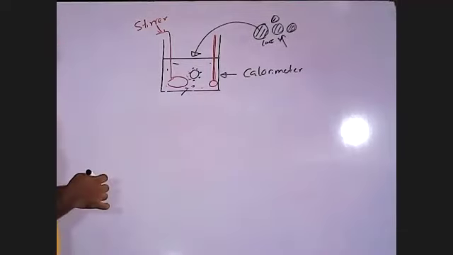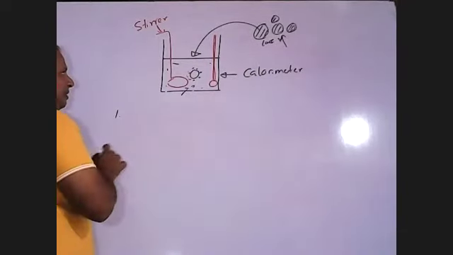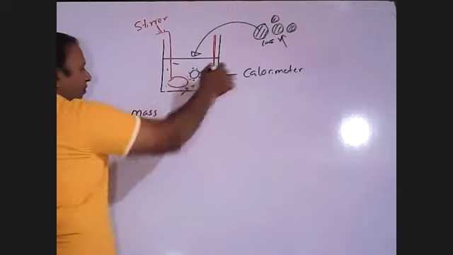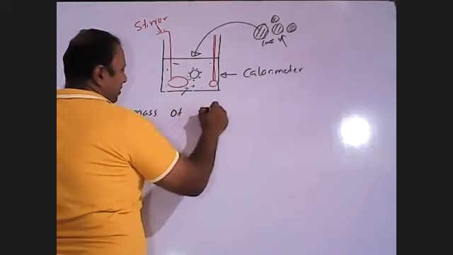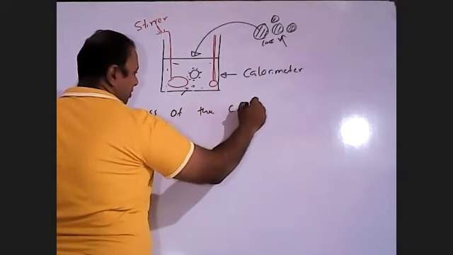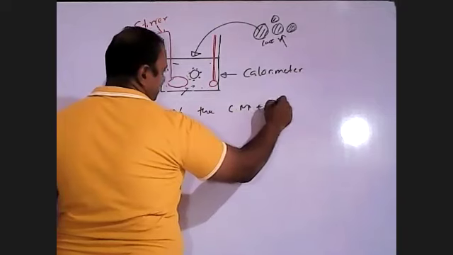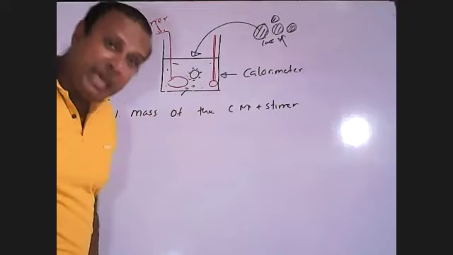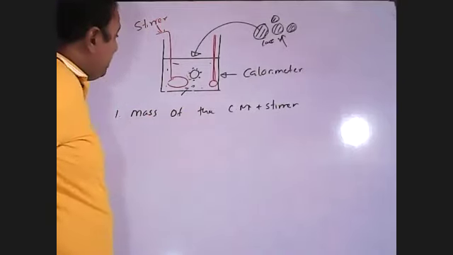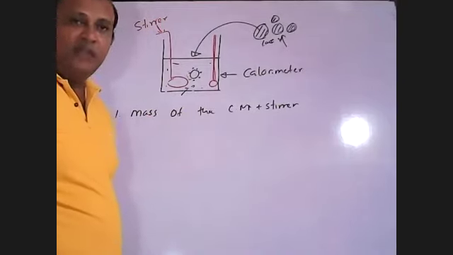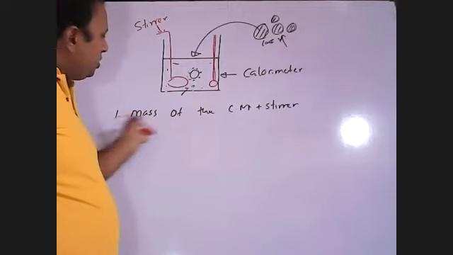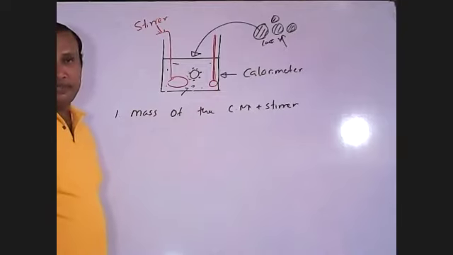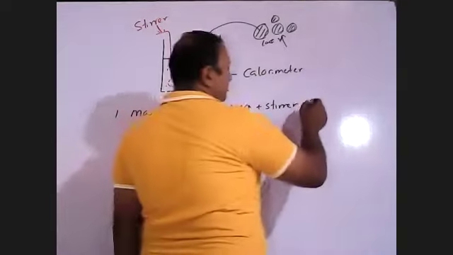The first thing is the mass of the calorimeter plus stirrer. If they are made up of the same material, you can measure the mass of the calorimeter plus stirrer at once, otherwise you have to measure them separately.